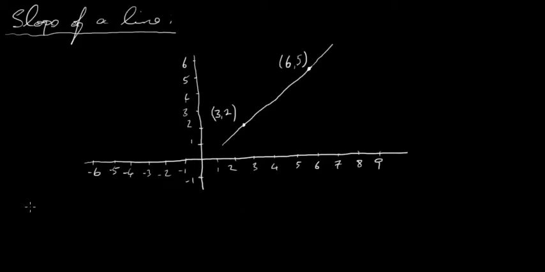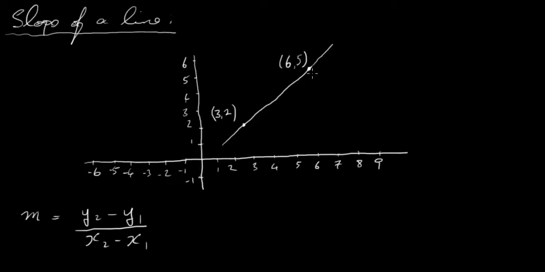Well, the formula we're going to use is m for slope is equal to y2 minus y1 all over x2 minus x1. So what does that actually mean? Well, we're going to look at the difference of the two y values divided by the difference of the two x values.